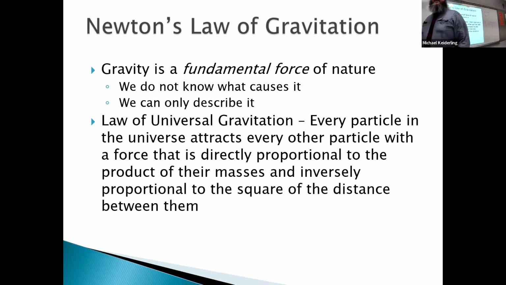It's proportional to the product of their masses and inversely proportional to the square of the distance between them. So that means the bigger the mass, the stronger gravity is. And it also means the closer together the 2 objects are, the stronger gravity is.